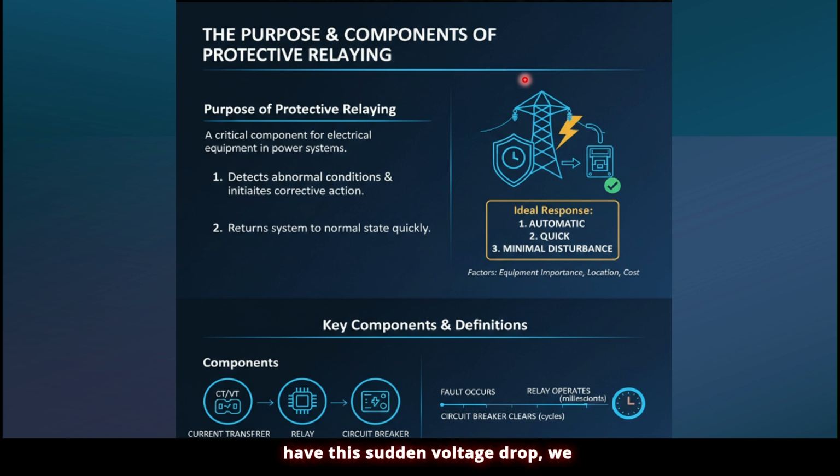So when we have this sudden voltage drop, we may lose the synchronization between the system and the generators. So this may lead to a disaster that is called a blackout. So of course, a quick response is a very important characteristic of the protection system.